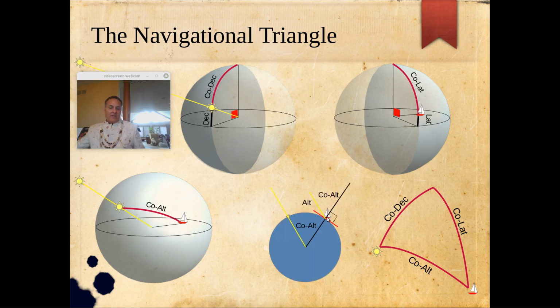You'll recall that the boat measures the altitude of the sun. These are the sun's rays here. And this altitude is a measured value. We calculate the coaltitude up here by subtracting from 90. And we recognize that two parallel lines here, yellow and yellow, crossed by a black line here, a transversal, create corresponding angles that are equal. So this coaltitude at the center of the Earth is the same above our head, okay?